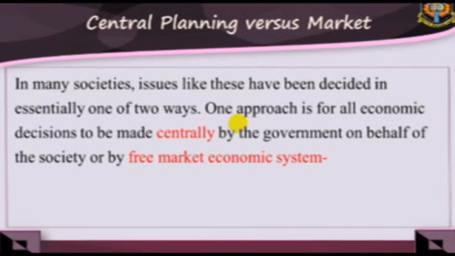In many societies, issues like these have been decided in essentially one of two ways. One approach is for all economic decisions to be made centrally by an individual or small number of individuals on behalf of a larger group. For example, the economic organization of the former Soviet Union and other communist countries was largely centralized.